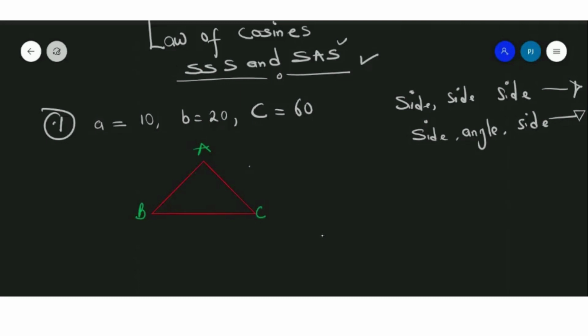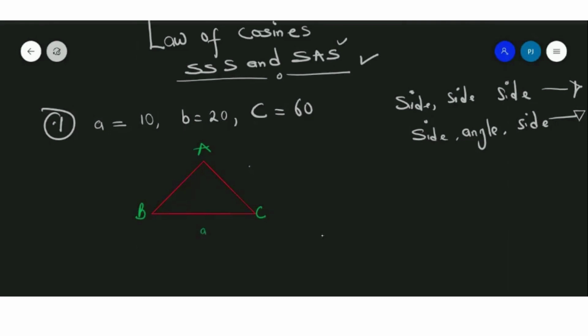I hope you still remember how we identify the small sides. Side a is the side that reflects downwards, b is the side that reflects this way, and c is the side that also reflects this way. I hope you still remember. I'll go ahead now and start.